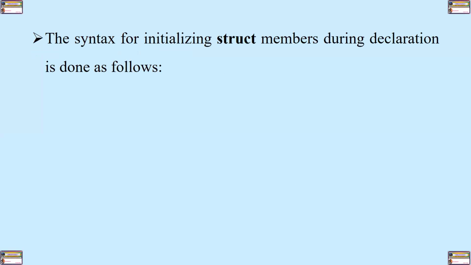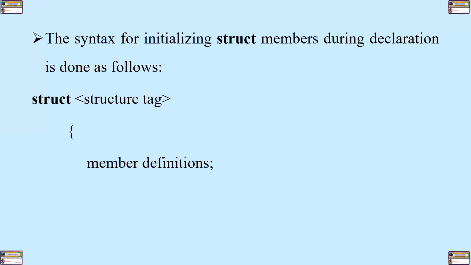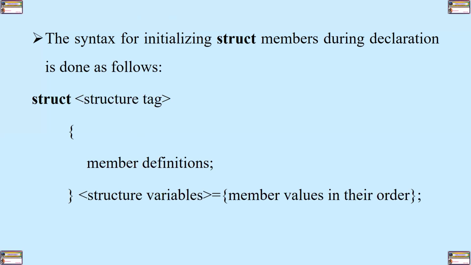The syntax for initializing struct members during declaration is done as follows. You have the struct, which is a reserved word, followed by the structure tag, and then under it we have the member definitions. After the definitions, we have the closing brace, and then we have our structure variable or variables.